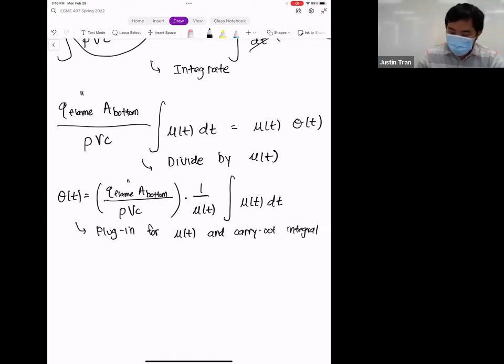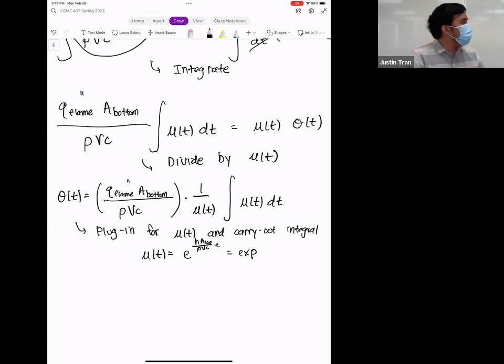Just to remind you, so you don't have to scroll up, mu of t here is e raised to the h A top divided by rho V C, times t. Because it's a lot to squeeze into the exponent, I'm going to use a notation you might have seen before.